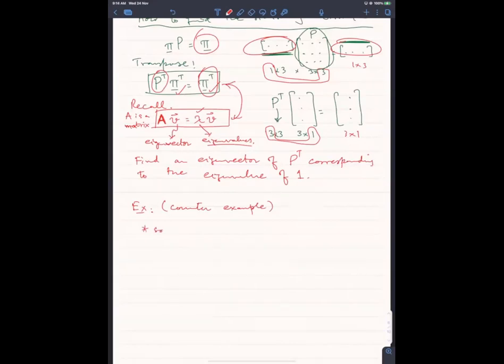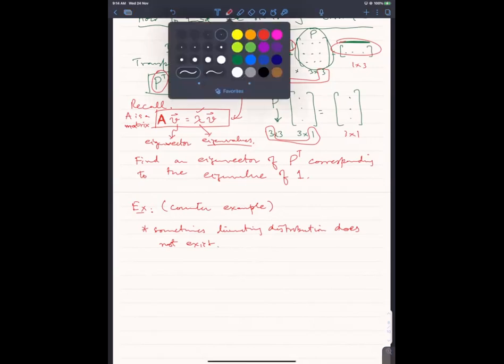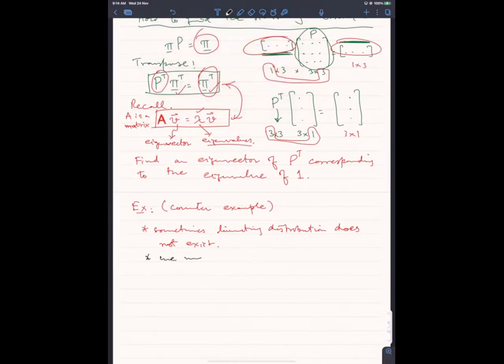This counter example shows that sometimes the limiting distribution does not exist. We may still have a stationary distribution, so if we start from the stationary distribution, we will remain stuck there. If we start from some other place, the limiting distribution does not exist, so you will never go to the stationary distribution.